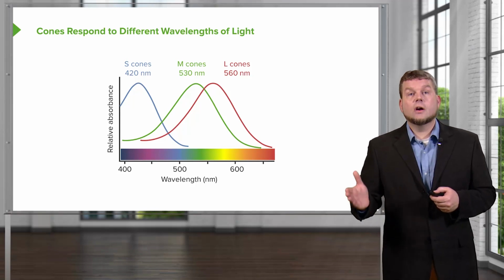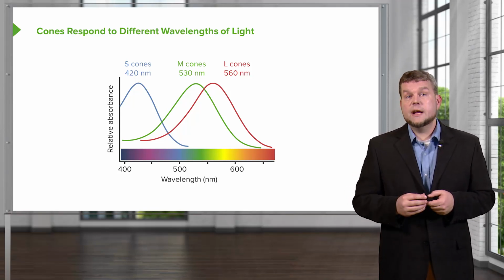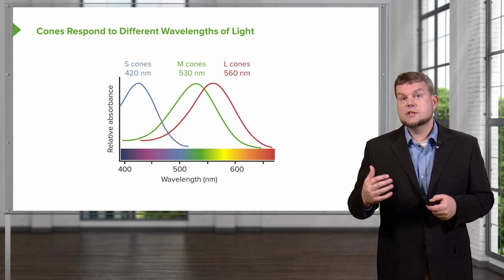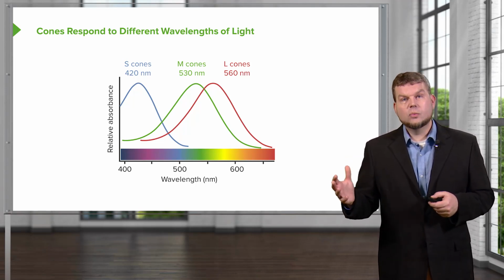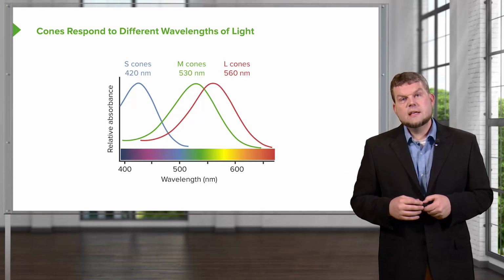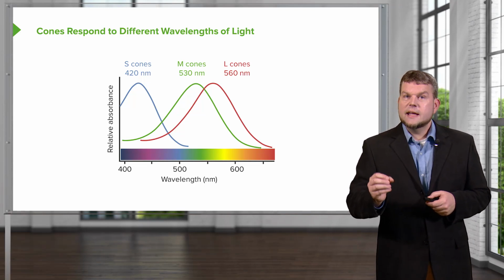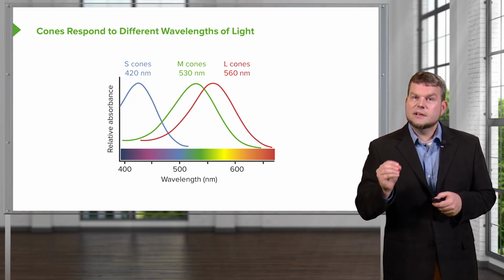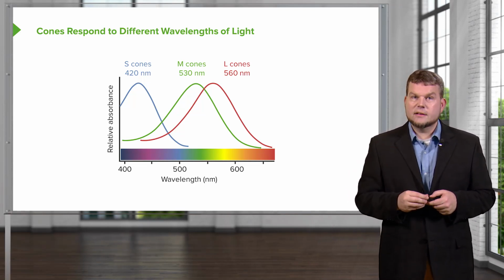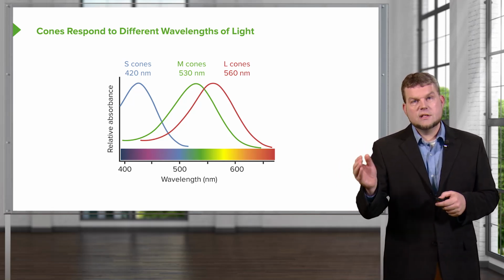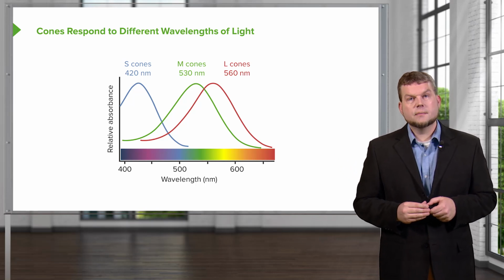S cones are in the more blue-purple range, M cones are in the green range, and then L cones are in the red range. So these cones work in the same manner as the rods, except they're excited by a little different frequency of light. So their goal isn't just to collect light, but is to distinguish between the colors.